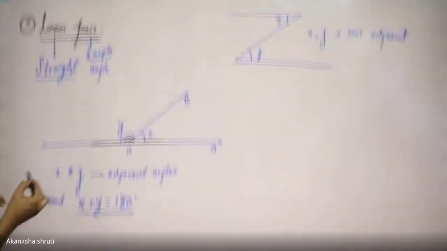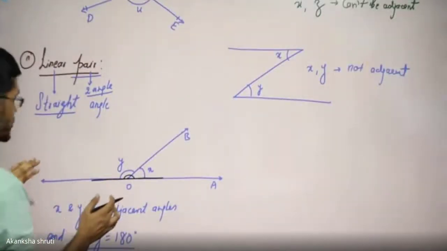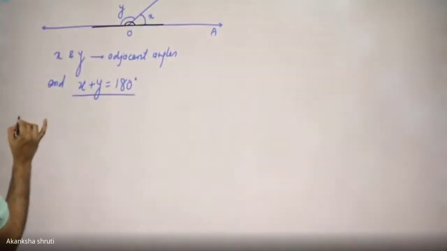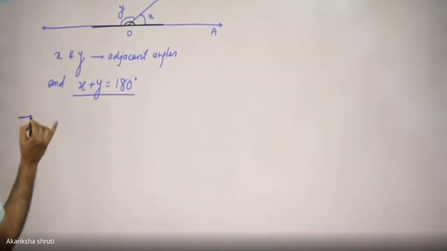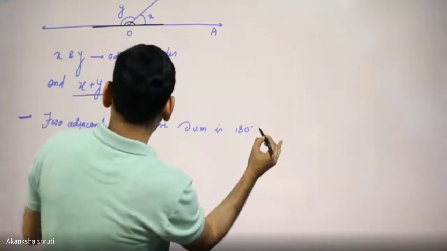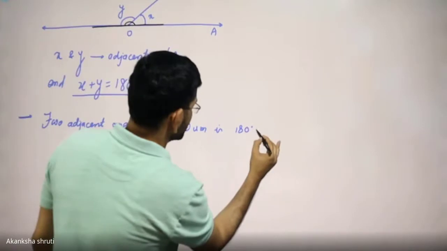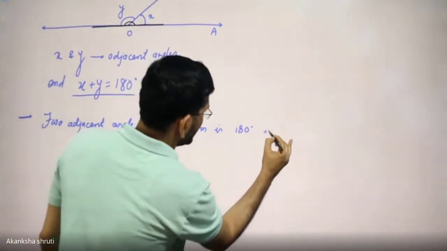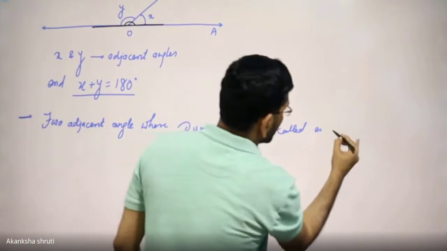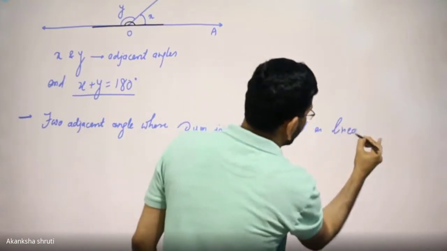So students, if we have two adjacent angles whose sum is 180 degree, it is called a linear pair. So write down the definition. Two adjacent angles whose sum is 180 degree are called a linear pair.